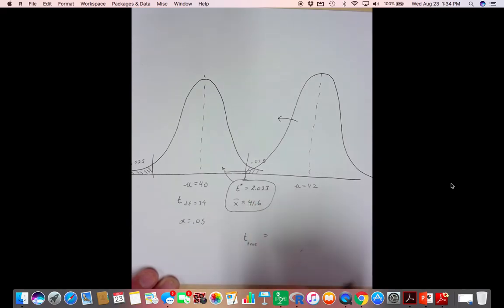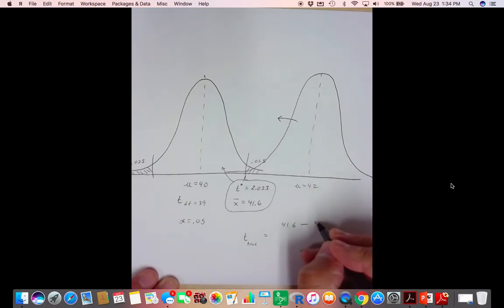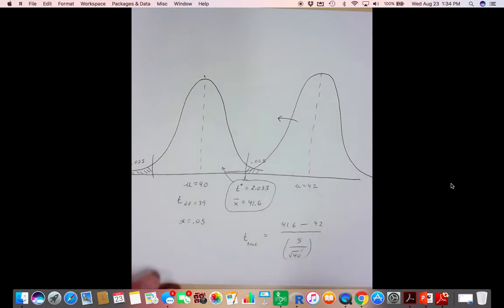So it's going to be 41.6 minus 42 over 5 divided by the square root of 40. So I get negative 0.506.